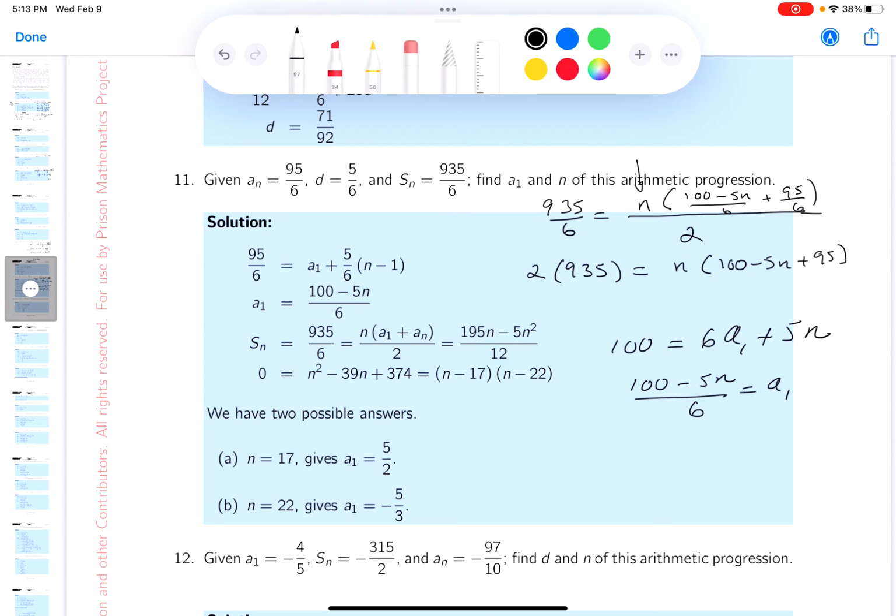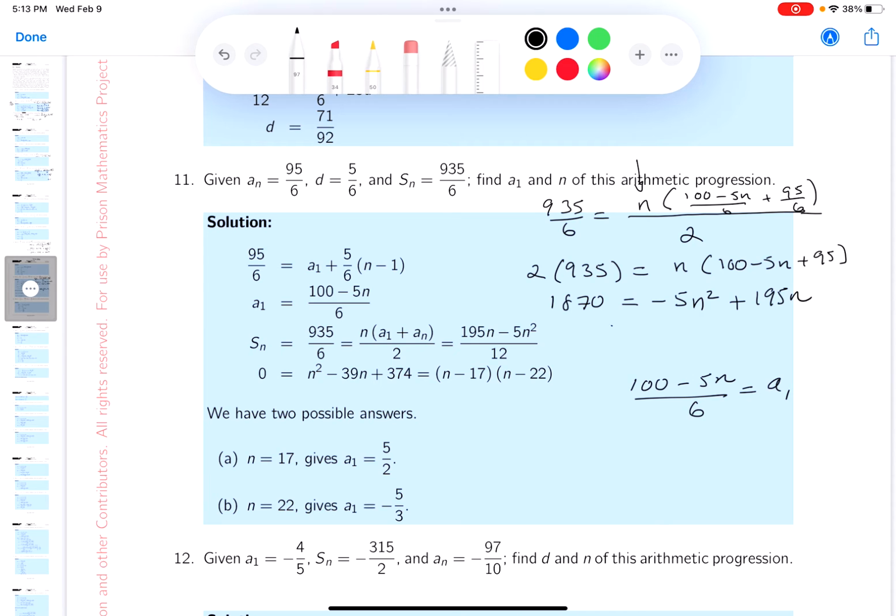All right? I'm going to start to erase things because I'm kind of running out of room here. No information has been lost by getting rid of that. And I got to do some arithmetic here, don't I? So 1870, these are terrible numbers, by the way, equals minus 5n squared plus 195n. And I got a quadratic to solve now.